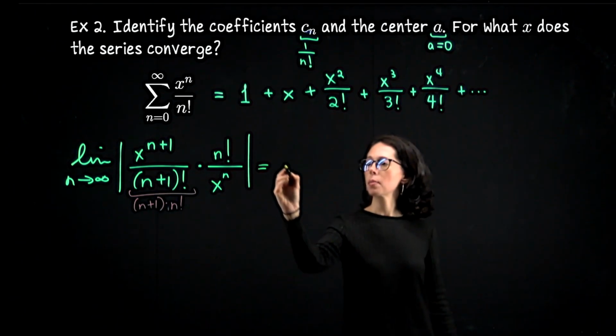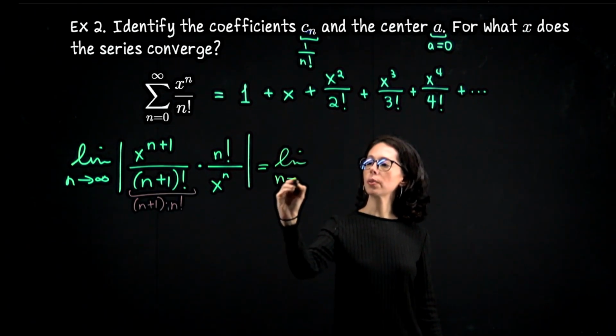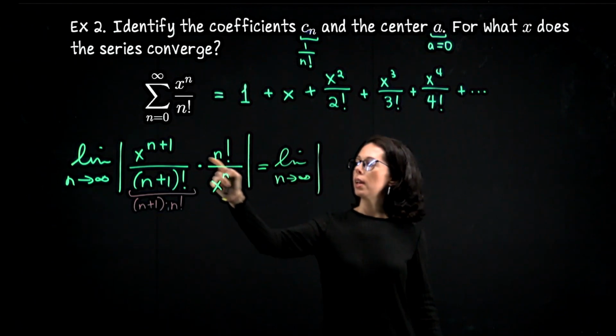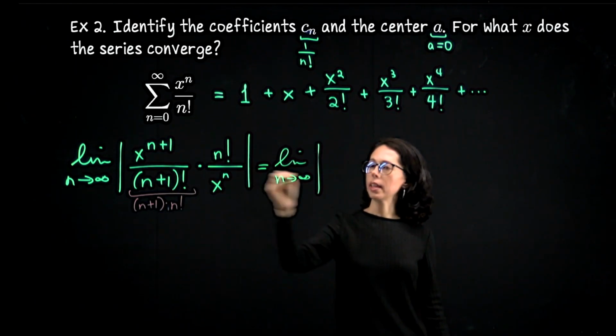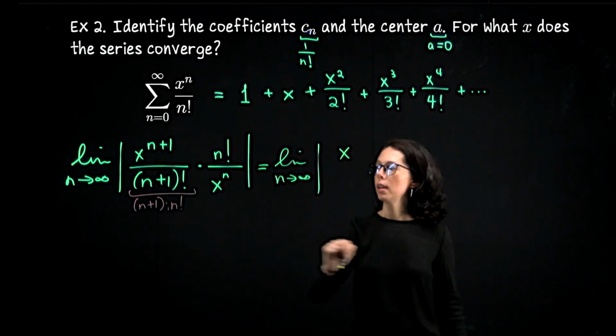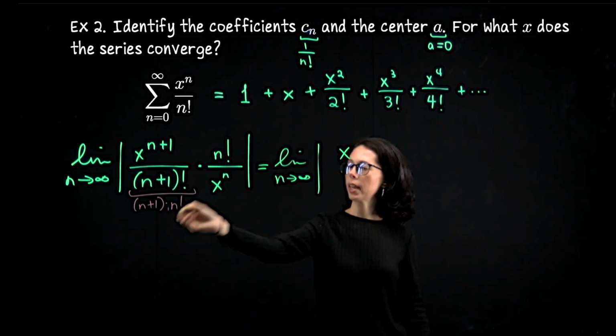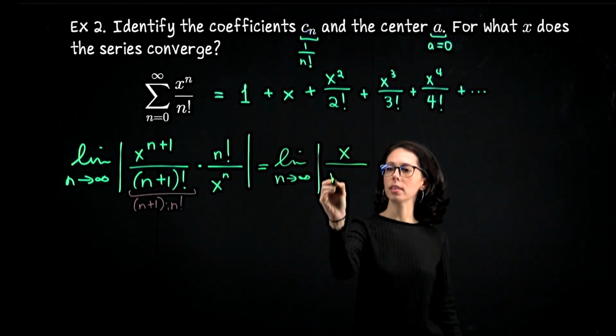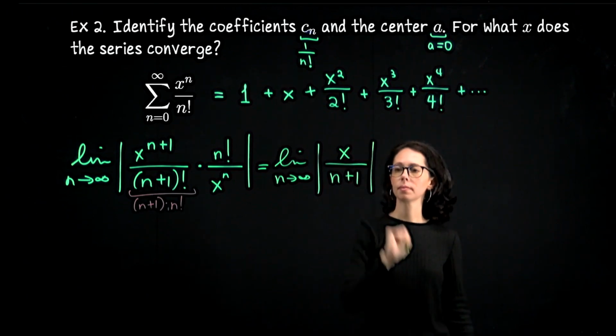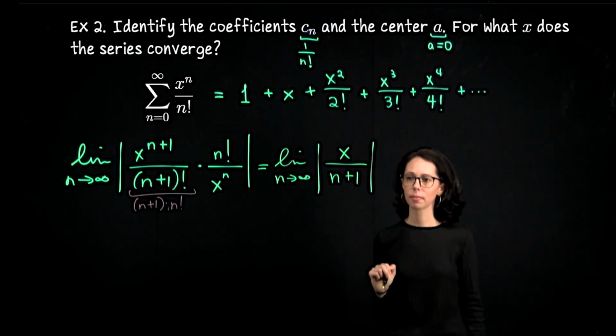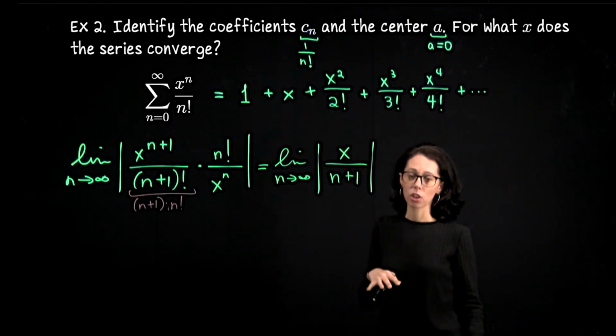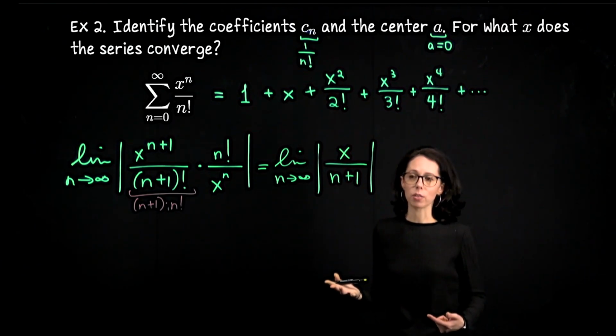So overall, this becomes the limit as n goes to infinity of x to the n plus 1 divided by x to the n, which just leaves us with x. And then the n factorials are going to cancel, leaving us with n plus 1 in the denominator.